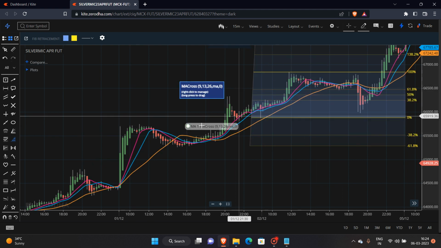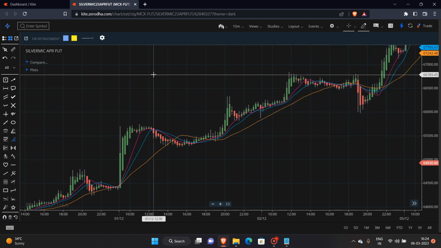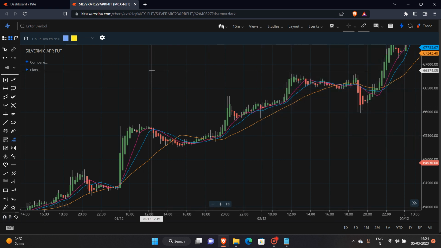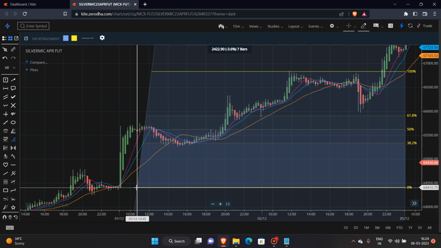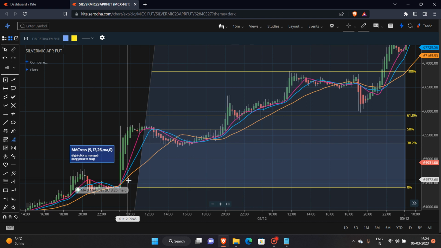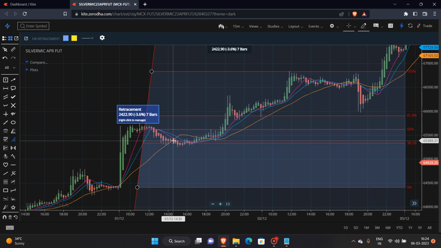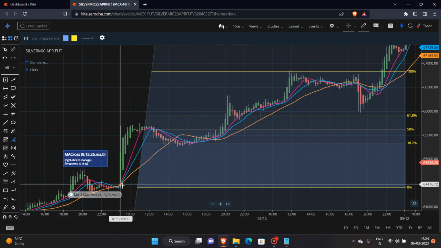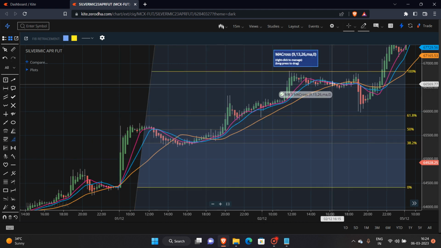When it makes the three patterns, we can draw the latest. This is the swing high and this is where it started. Also you can see the EMA cross, the 9 EMA crossing the 13 and 26 EMA. The trade started from here, it retraced here, then again here, and finally it's making a double top.